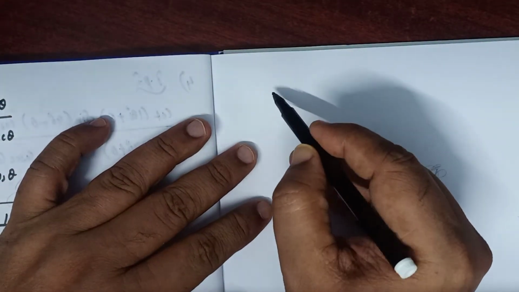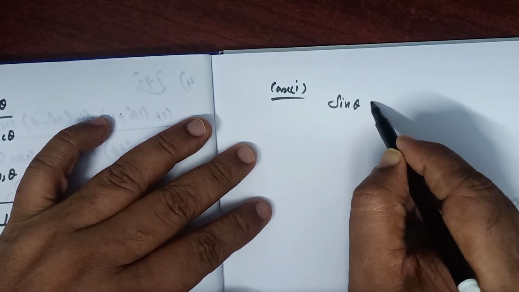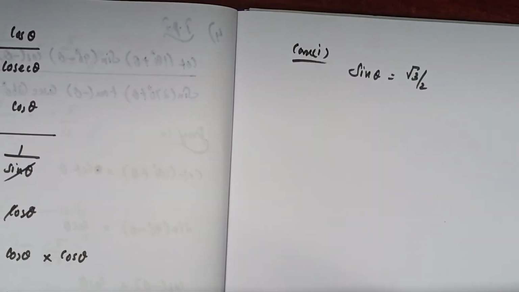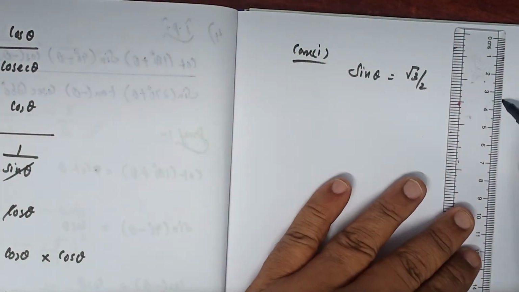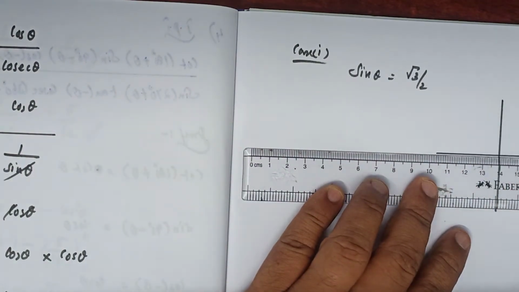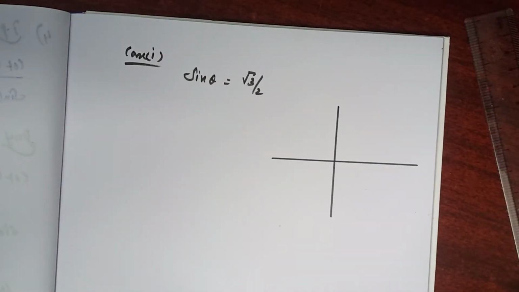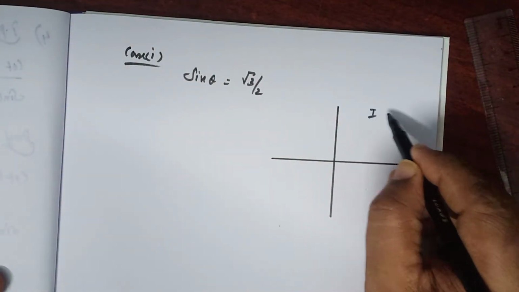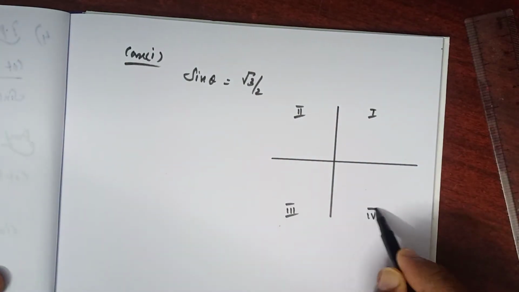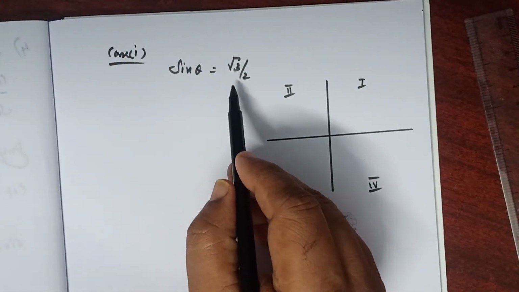So case 1. I take case 1, sin theta is equal to plus root 3 by 2. We know that in the 4 quadrants, first quadrant, second quadrant, third quadrant and fourth quadrant, here sin theta is positive, plus root 3 by 2.